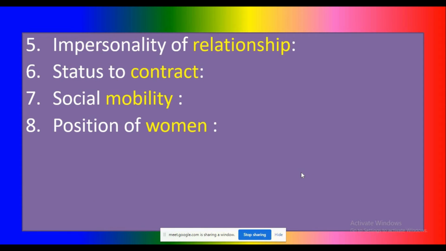8th one, position of woman is very high in the city. Educated women are more in industrial society than agrarian. Women work in industry, software industry. As we know, when you go to Chennai, the maximum of women working in software industries earn more money than men.